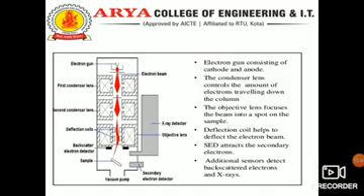And the working of SEM is: the electron gun can produce an electron beam when tungsten wire is heated by the current. This beam is accelerated by the anode.